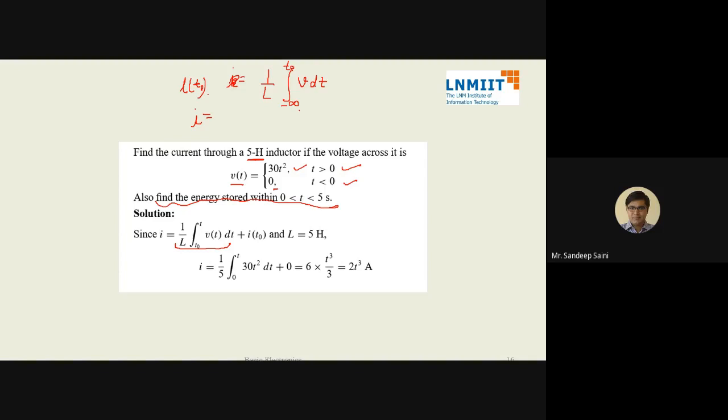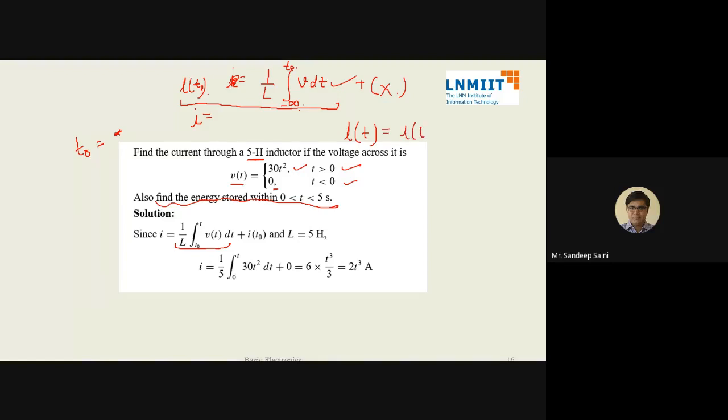Now we are saying at t naught, everything is stable. So what is the value of this stable current? It is 1 by L, integral from minus infinity to t naught of v dt. Now what is I of t for t greater than t naught?